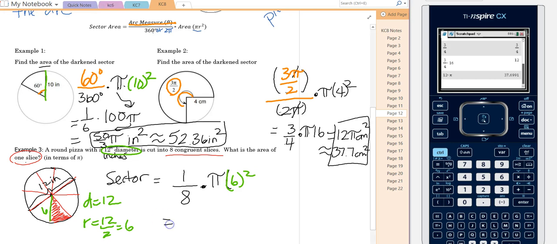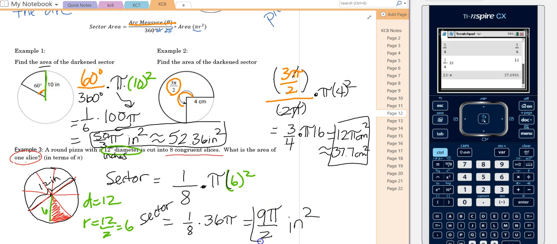So this is going to equal, still my sector here, 1/8 times 6 squared, which is 36. Don't forget to bring down my pi. 1/8 times 36 as a fraction is about 9 pi over 2 inches squared. And I'm going to leave that as my answer because it tells me to leave it in terms of pi.